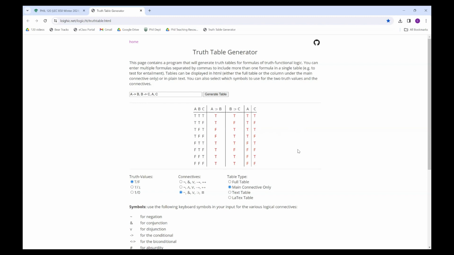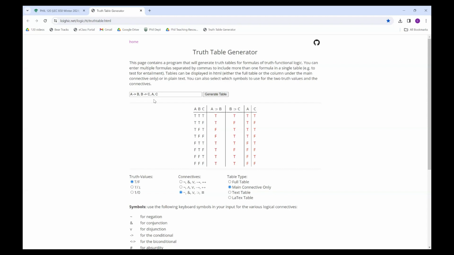If you're looking at a big table, to try to make this easier for you, you kind of want to look at the sentences and guess at which of these is going to be easier to find. Is it going to be easier to find a row where all of the sentences are true? That's going to depend on how big your set is.